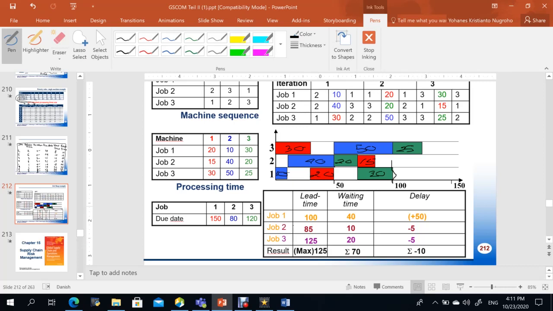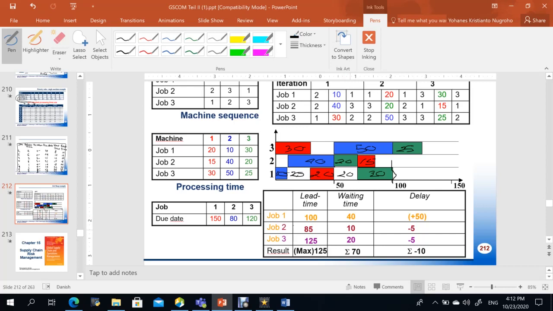For job number 1, the waiting time is at 40. It comes from here. Here is 20. Here also 20. Right? Because we have 50 minus 20 minus 10 equal to 20. Also here, 50, because 100 minus 50, 50 minus 30 equal to 20. And therefore we have 40 here.